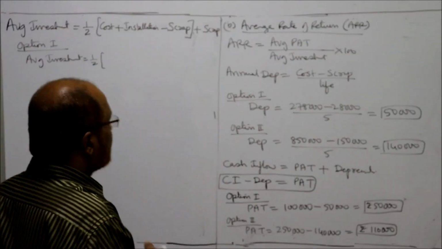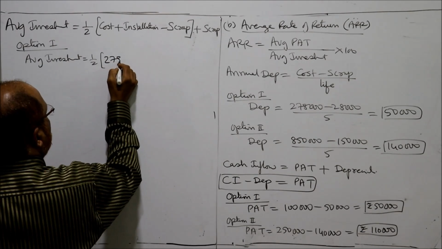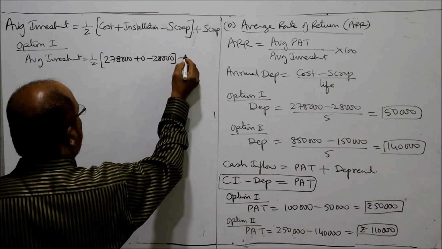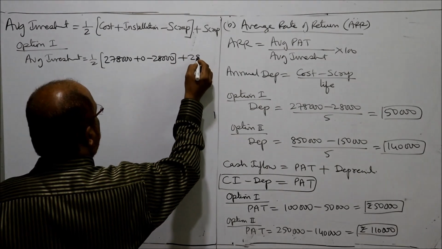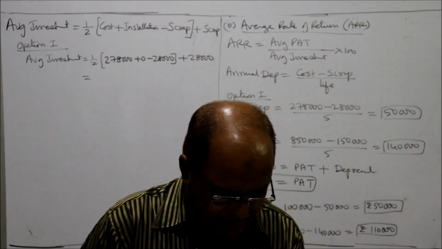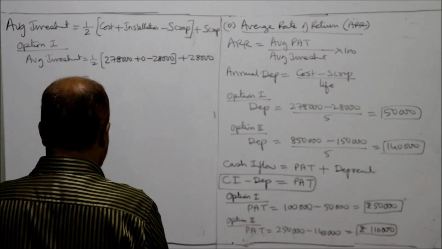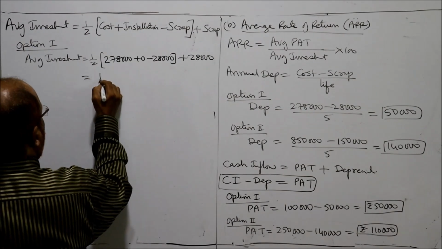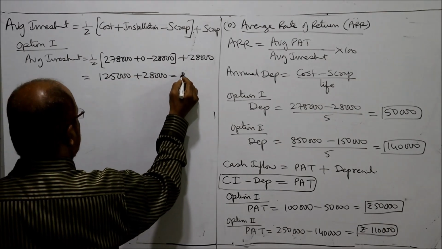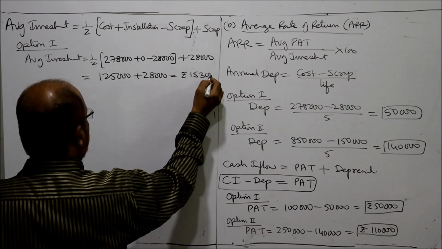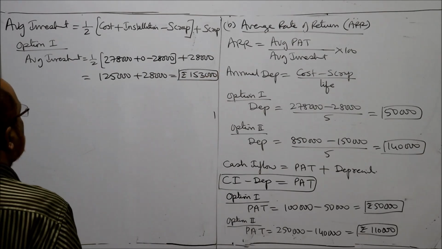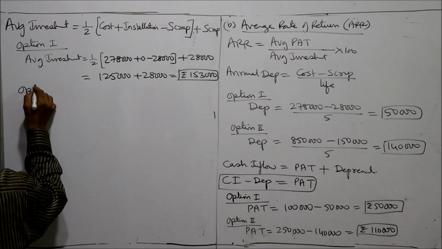Option 1, 2,78,000 minus scrap 28,000 is 2,50,000, half of which is 1,25,000. 1,25,000 plus 28,000 is equal to 1,53,000. This 1,53,000 is the average investment of option 1.